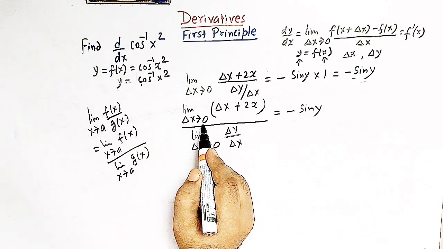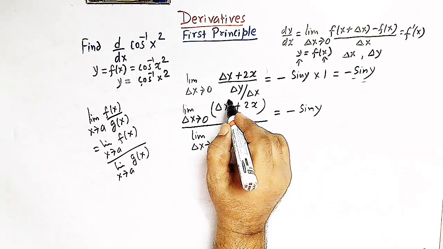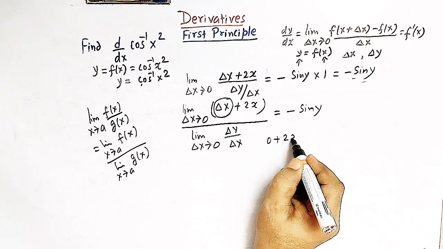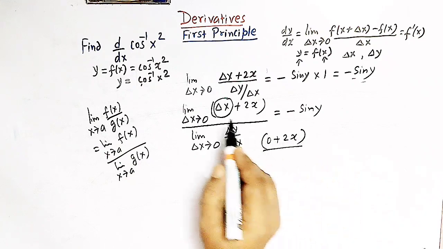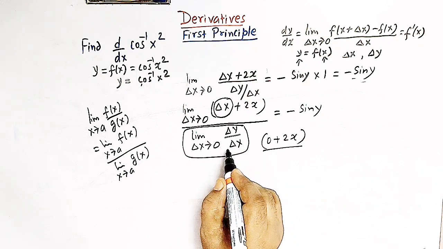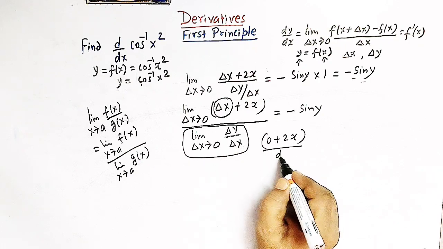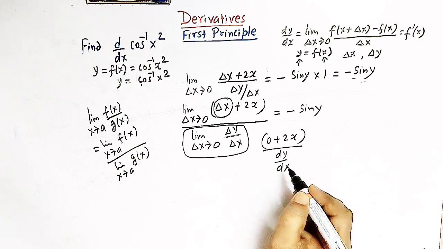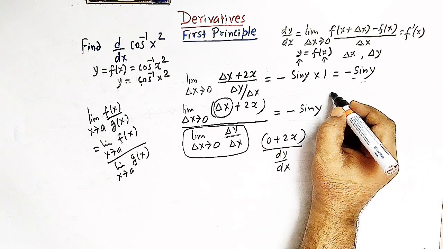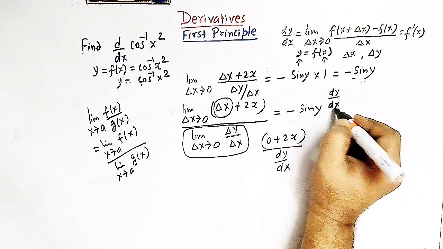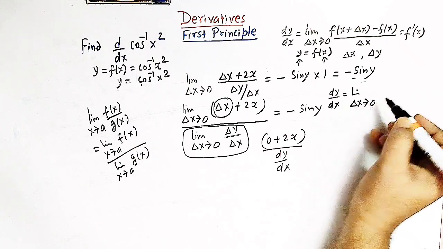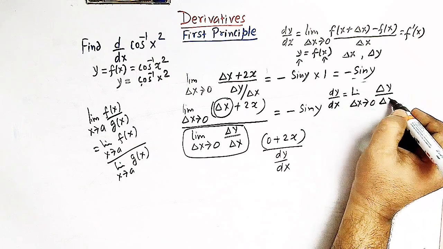Now limit delta x tends to 0, delta x plus 2x, so this term goes to 0, so we have 0 plus 2x in the numerator, and this is the notation for dy over dx. So here we can write dy over dx, because from the definition of derivative we know that dy over dx is equal to limit delta x tends to 0 delta y over delta x.